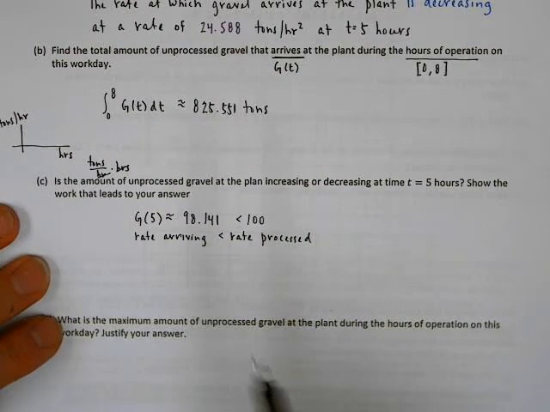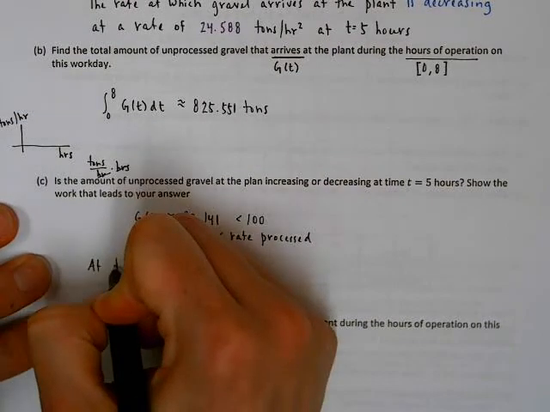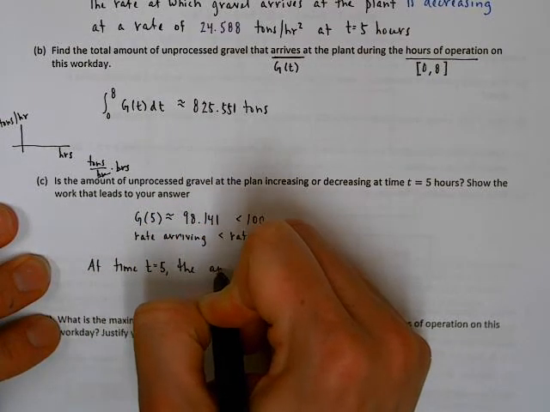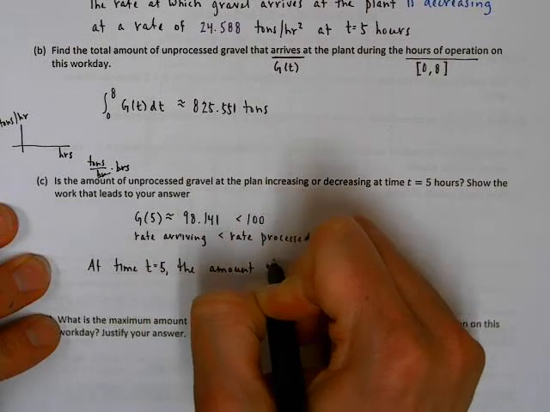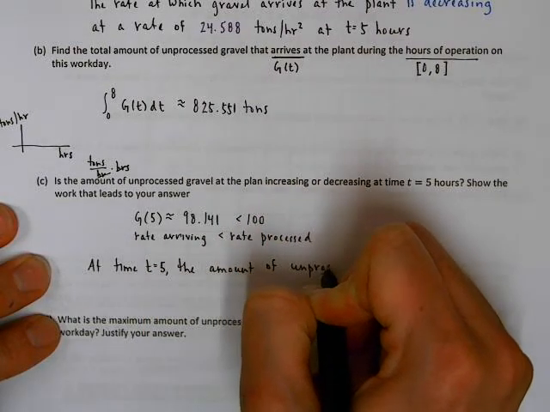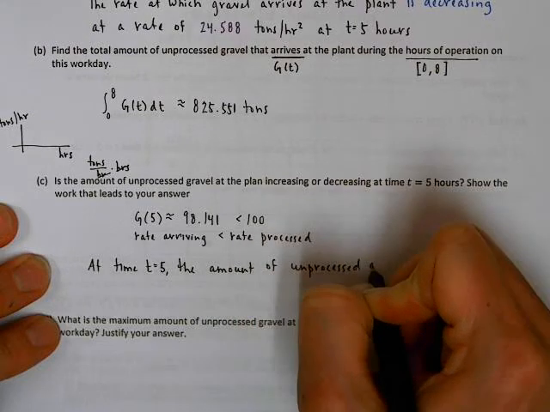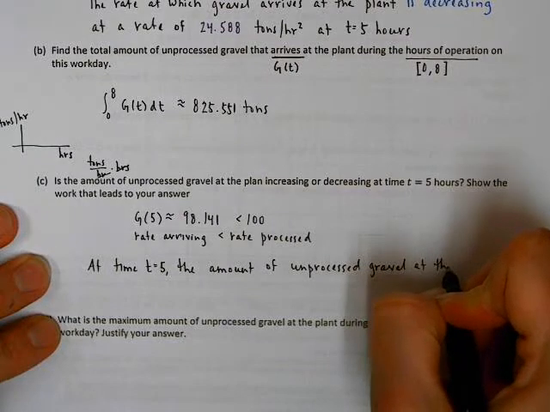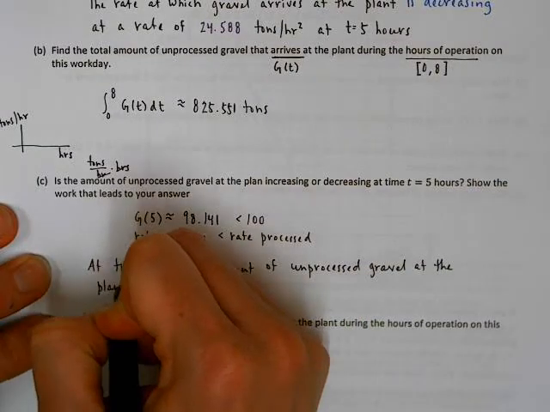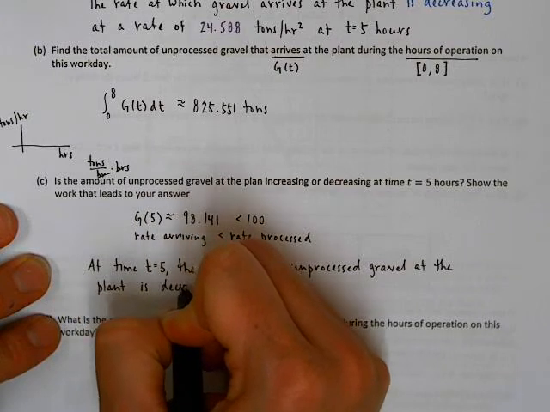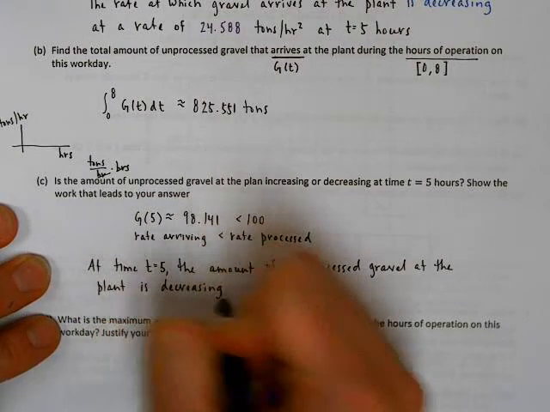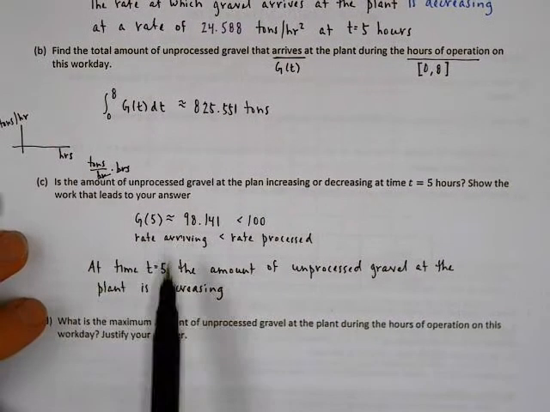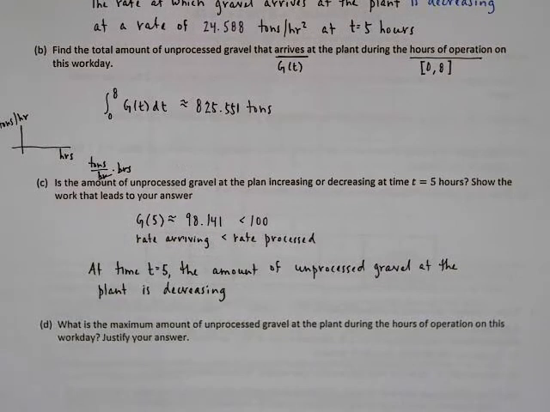So once we've shown our work, we would say at time t equals 5, the amount of unprocessed gravel at the plant is decreasing because they're able to process more than what is arriving. So now we've answered the question, and this work here is the work that supports our answer.